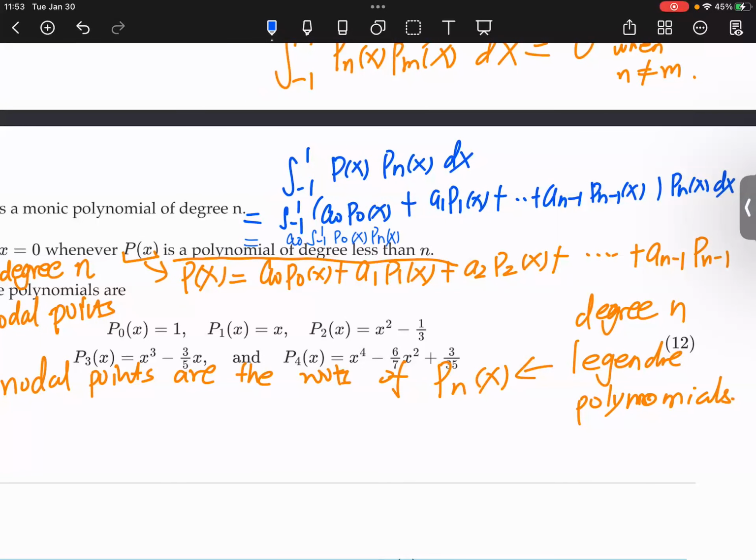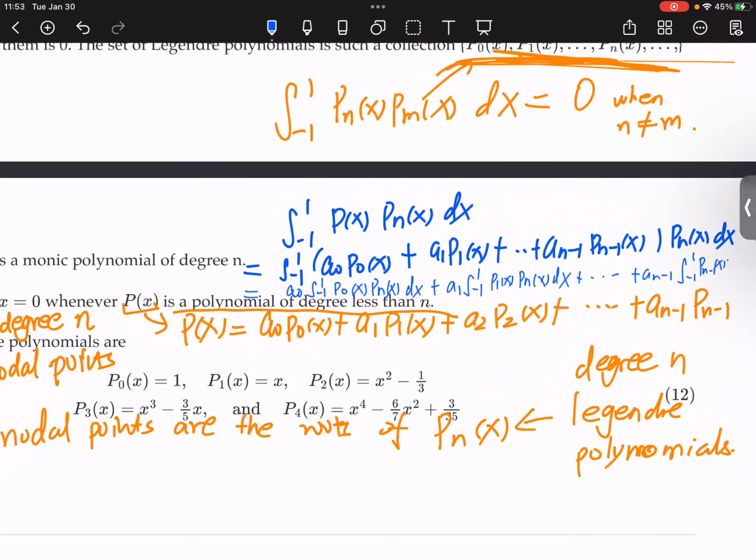Then plus a1 times the integral of P1(x) times Pn(x) dx, and then all the way to an-1 times the integral of Pn-1(x) times Pn(x) dx.